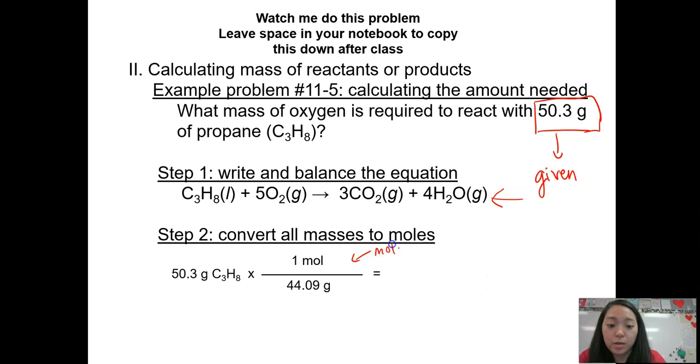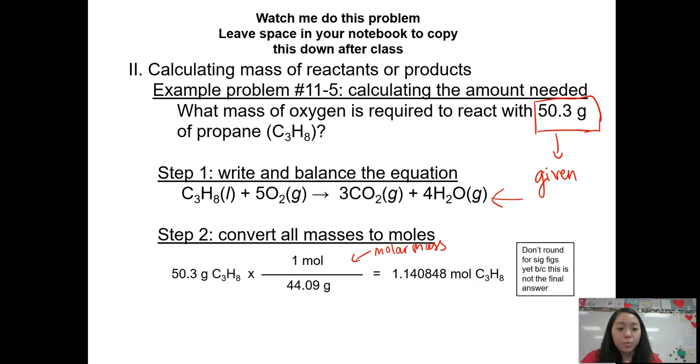If you've forgotten how to do the molar mass, I suggest that you go back and review it. If you're really still very confused, come see me during office hour. You convert that gram into mole. There we go. So 50.3 gram of propane is 1.14 and so on mole of propane.